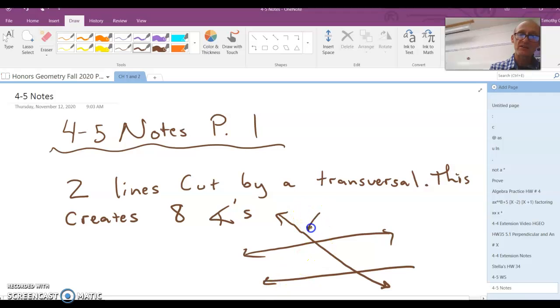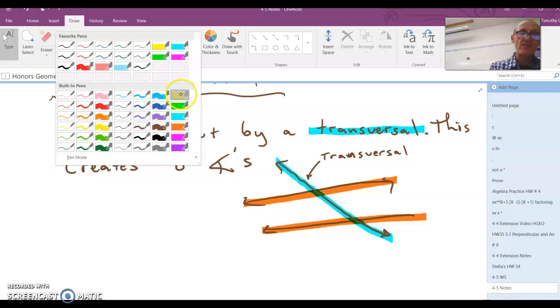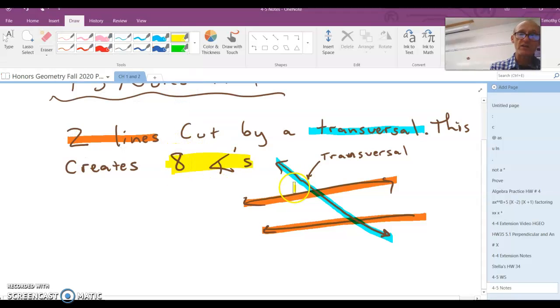All right, this line here is the transversal, and these are the two lines. And then the 8 angles are here. 1, 2, 3, 4, 5, 6, 7, 8.